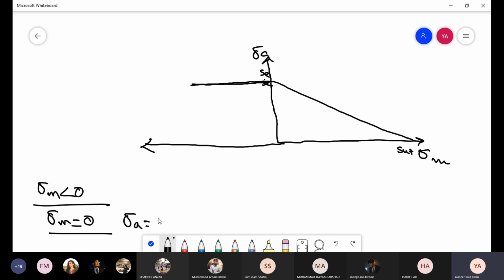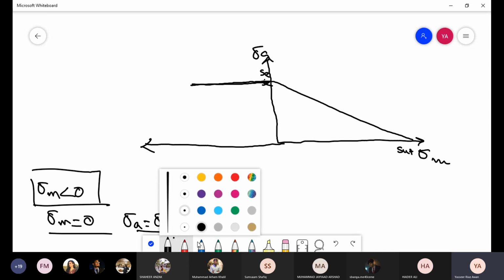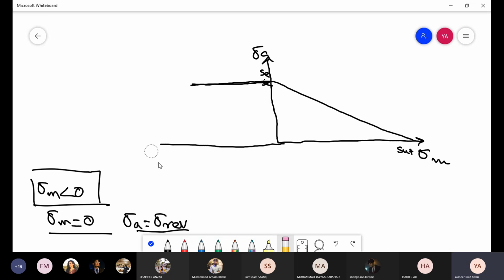That means sigma a is fully reversible. So whatever we discussed previously for completely reversed load is also valid for sigma m less than 0. Only thing that would be different, we also did the first cycle yield check. So that you still have to do.